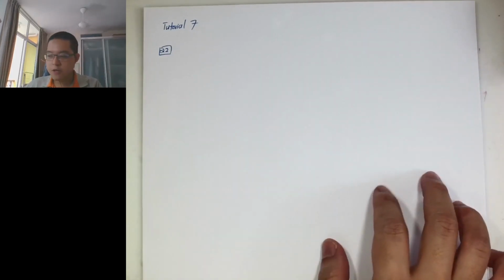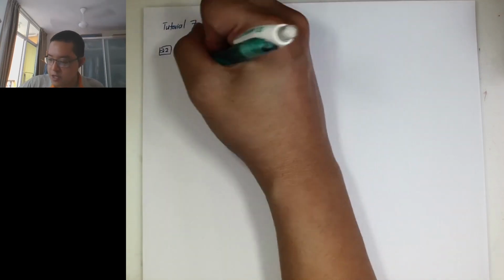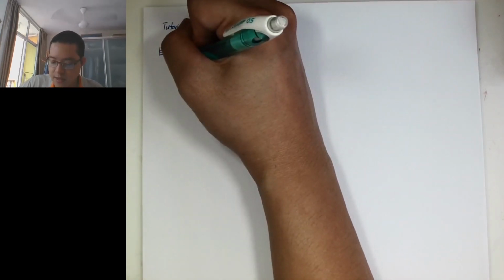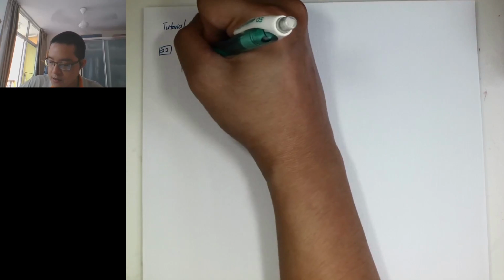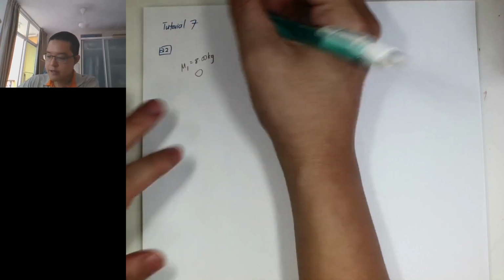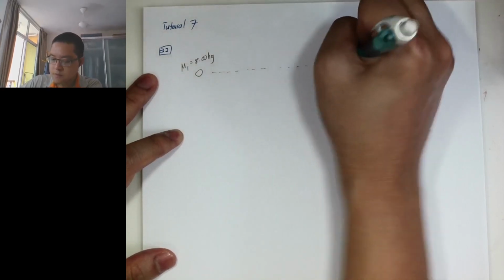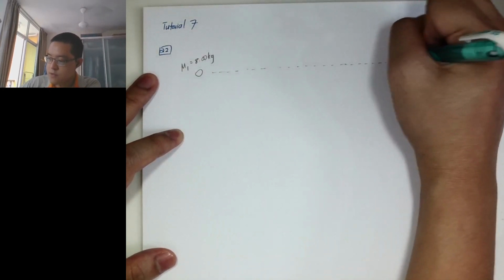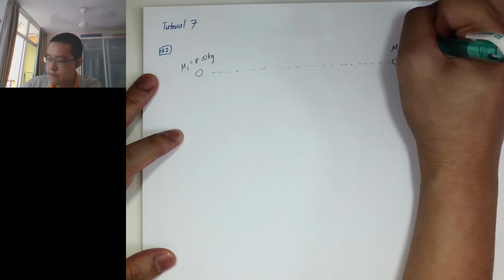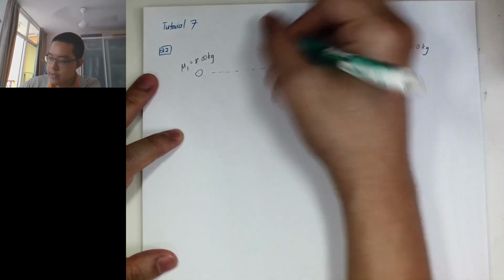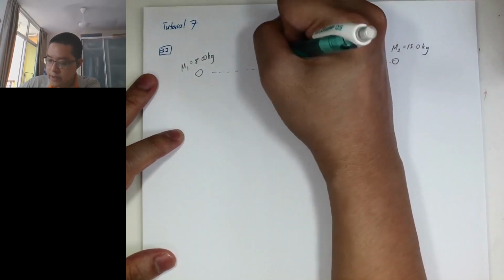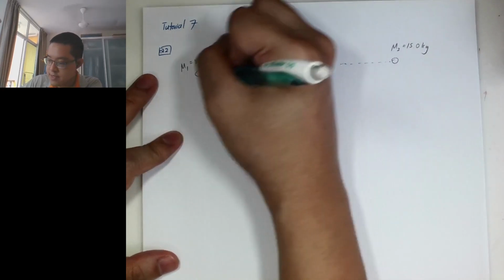So let's say m1 is 8 kg, and then m2 is 15 kg, and there's a little m here that is 20 cm away.